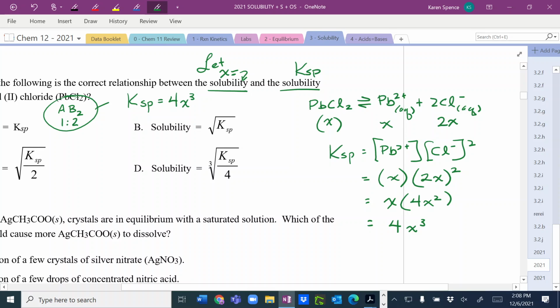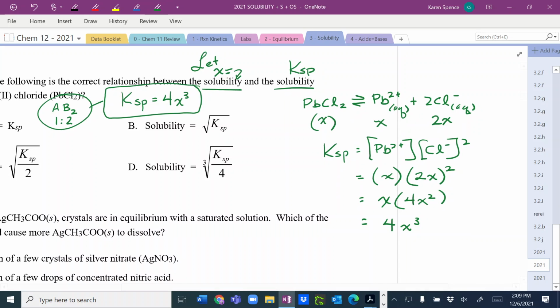So you can derive that if you have forgotten it, but on a multiple choice, and on a written response, you should be writing all of that. But this is multiple choice, so you can just go straight to here if you know this, and you can say, okay, well, if my solubility is X, then I just need to solve for X.